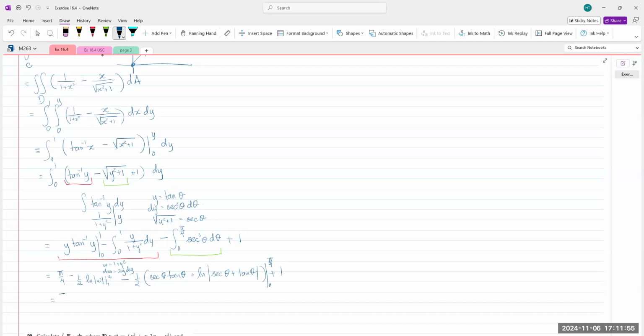So this will be pi over 4 minus 1/2 natural log of 2 minus 1/2 times radical 2 times 1 plus natural log of radical 2 plus 1, plus 1.